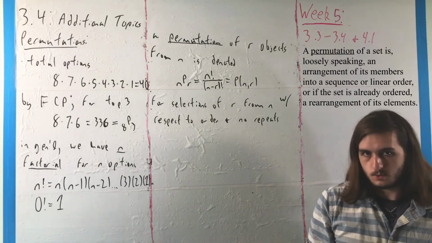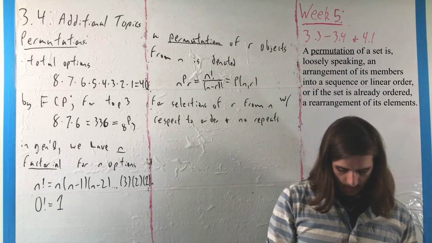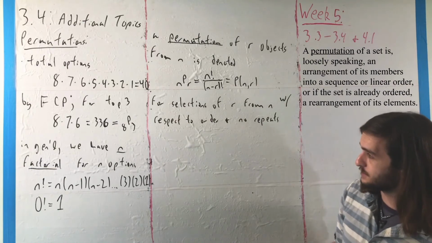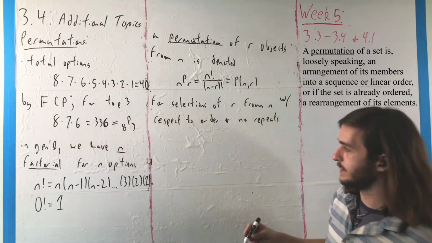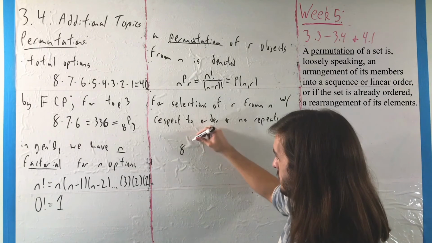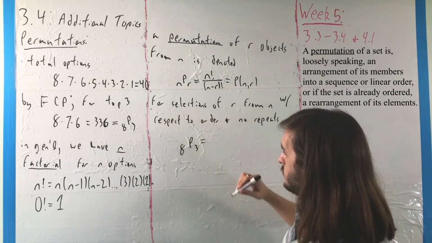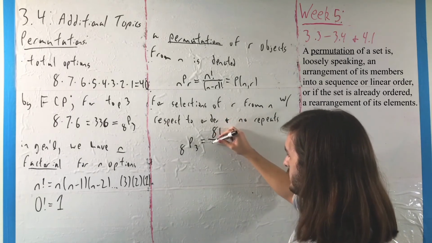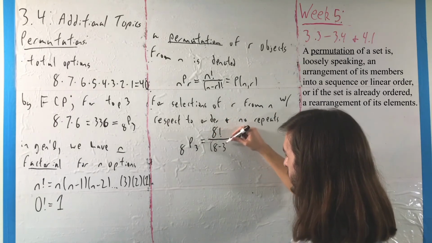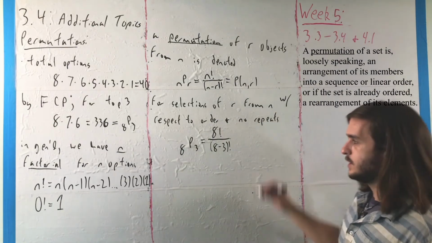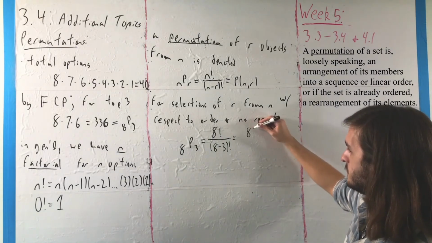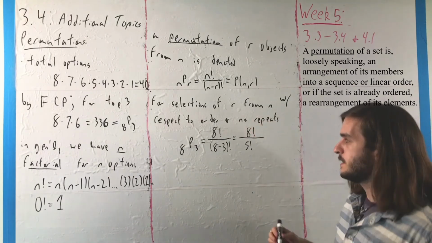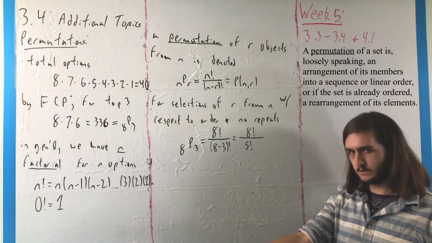And the reason why this works is because we get some very special things that go on with these permutations algebraically. So looking at this idea right here, that 8 permute 3, what we have there, using the formula now, is 8 factorial over 8 minus 3 factorial, where we write this as 8 factorial over 5 factorial, and then something special happens with these factorials.